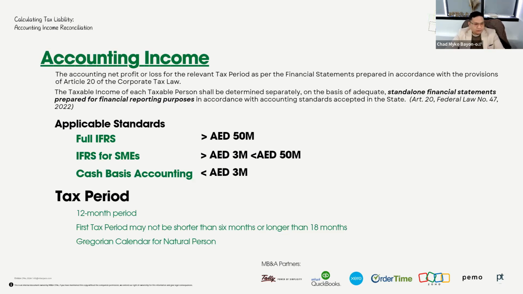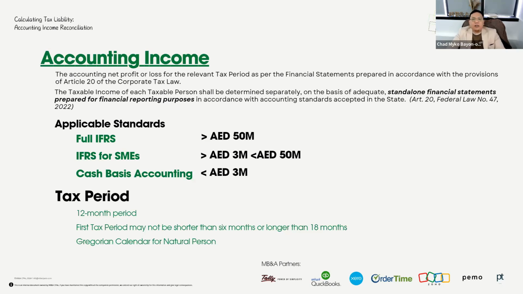The requirement is that if ever your tax period is more than 6 months, and then less than 18 months, or sorry, more than 18 months, if we will be adding the next annual period, then you will be needing to file for your short tax period.